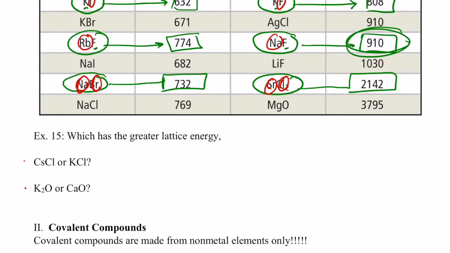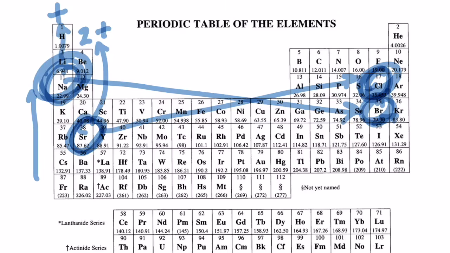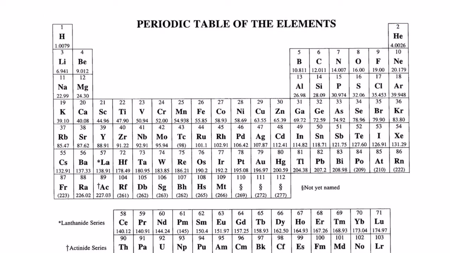Alrighty, welcome back. So here we go. Cesium chloride or potassium chloride. They both have the same negative ion, so we're going to ignore that. So we're going to look at the size and charge of the positive ion. Cesium or potassium. So let's go back to our periodic tables. Let's clear this mess off here. And we have cesium and potassium.